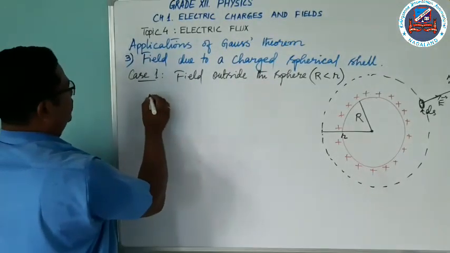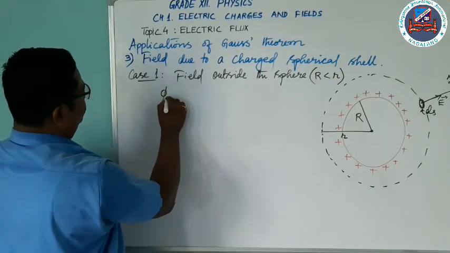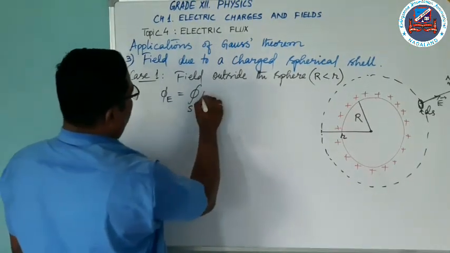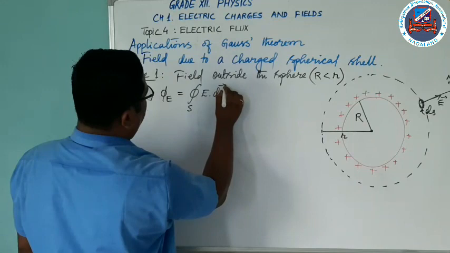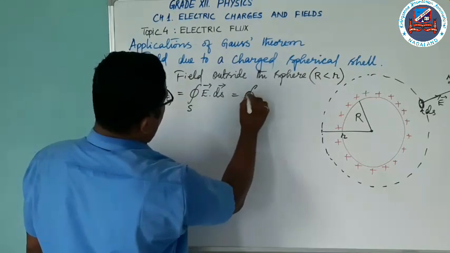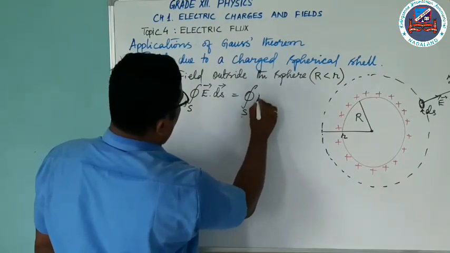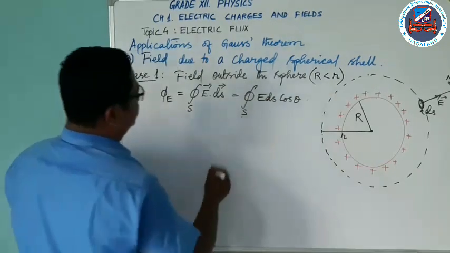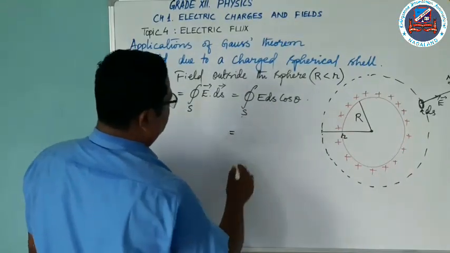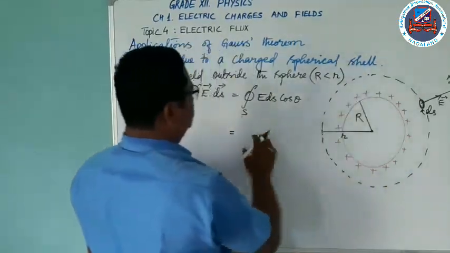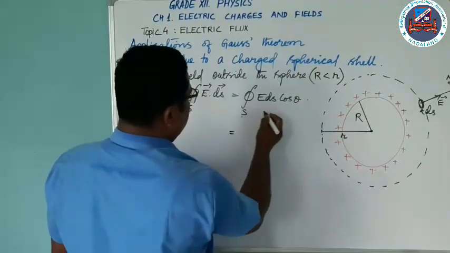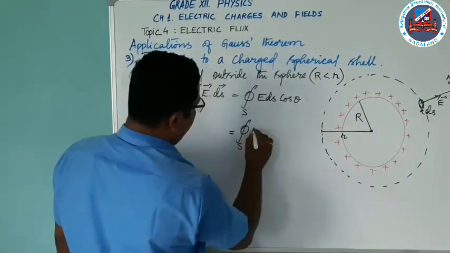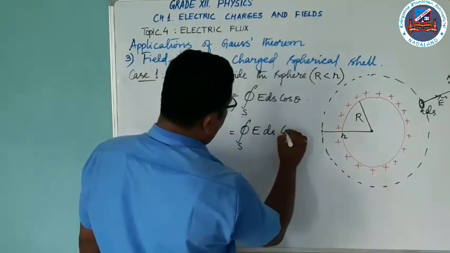In this case, if we find out the net electric flux, integral of E dot ds, E ds cos theta. Cos theta is here 0 degree, so we'll write like this: E ds cos 0 degree.